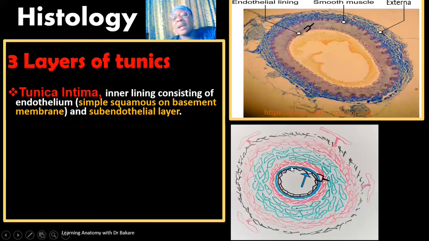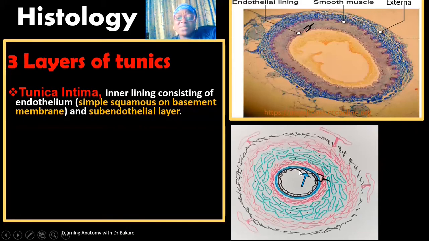And that is why we have the thinnest form of epithelial lining, which is a simple squamous type of epithelium, which means that it's a single layer of flat epithelial cells. And that is what is seen to line the interior wall of the blood vessel. So we have simple squamous epithelium that is seen to line the basement membrane.